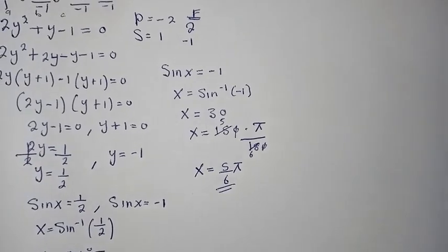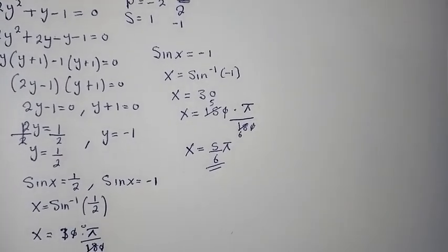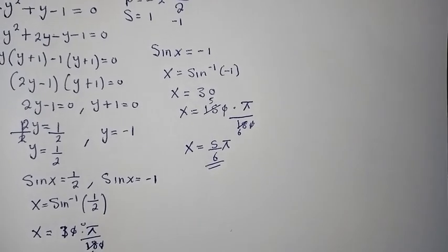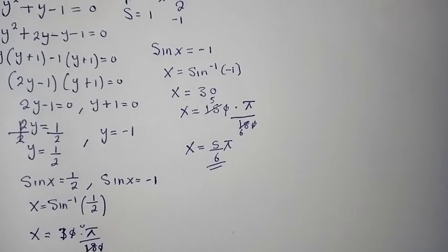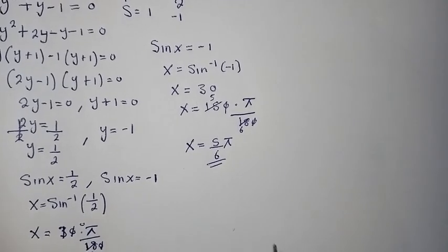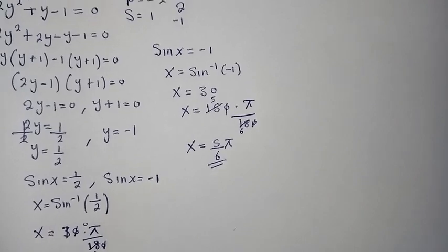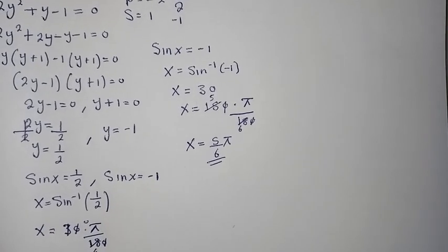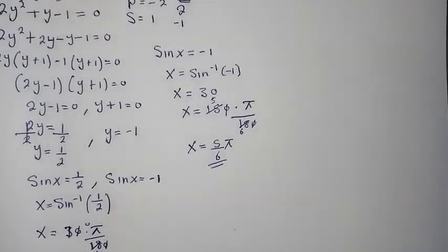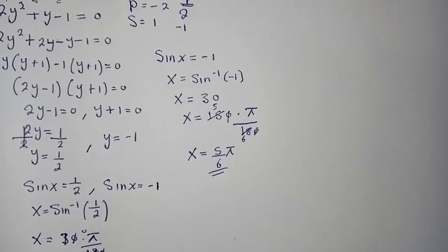You can continue using the same method and you still find the same answer. You might also find another answer, which if you solve thoroughly using the same formula, the 30-60 triangle, you might find another answer, which I'm going to give you as homework so that you send it to me on my WhatsApp line.